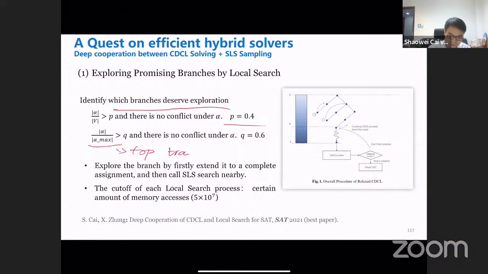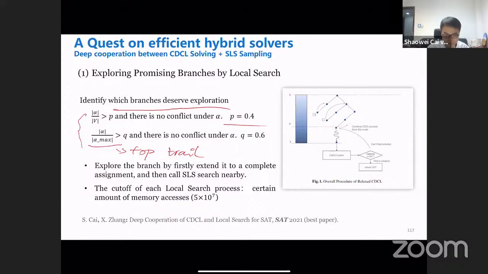Top trail means that it's the best trail in the previous CDCL procedure, according to the history. If either condition is satisfied, we say it is a promising branch.